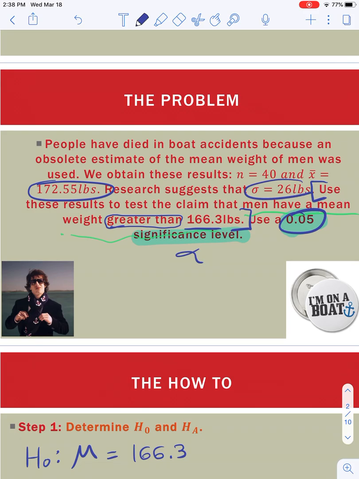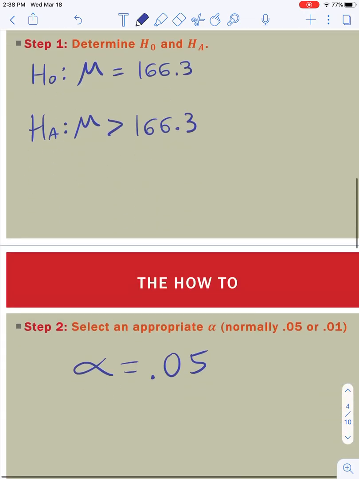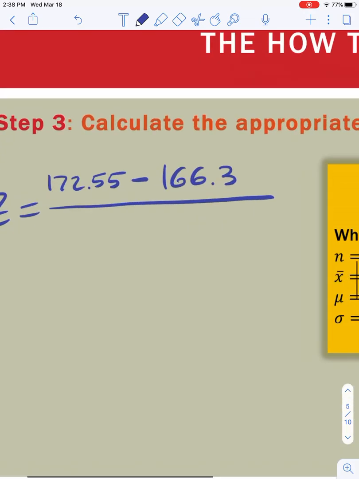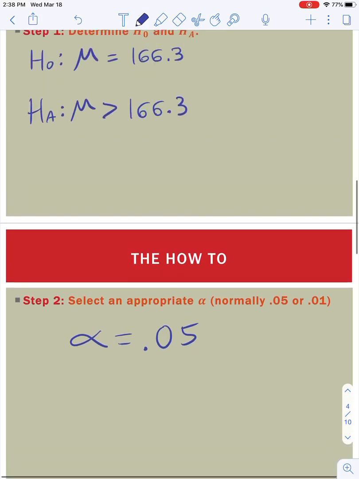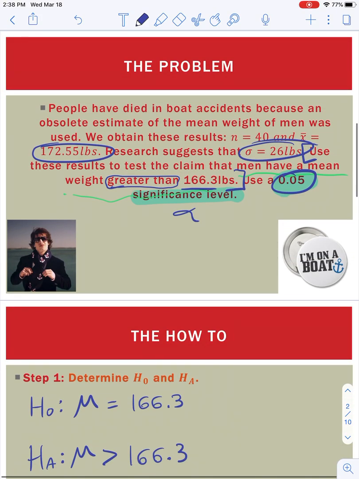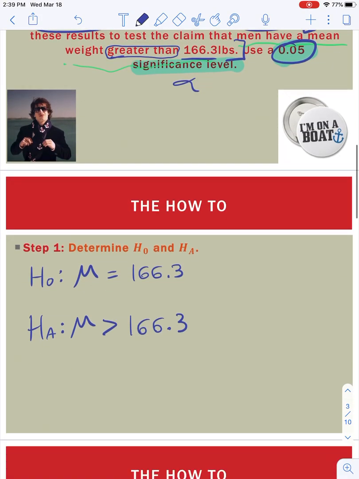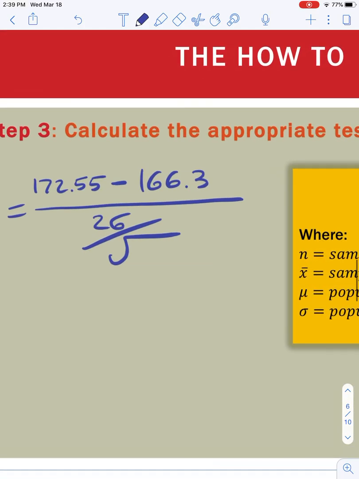It was stated to be 26. Divided by the square root of n, which is a sample size in this problem of 40. N equals 40.